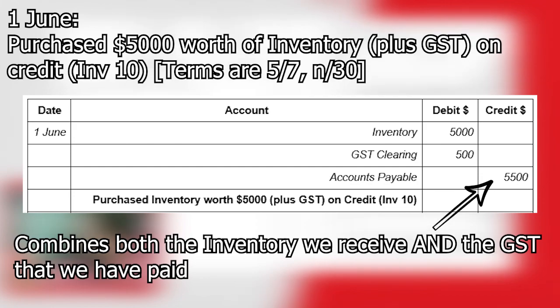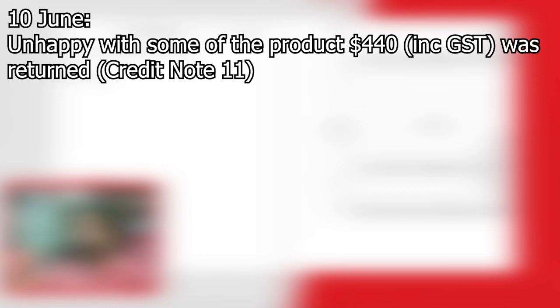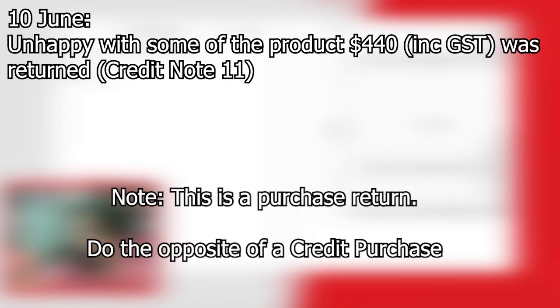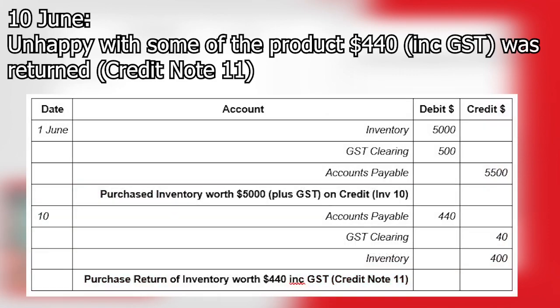If we have a look at the 10th, we can see that it's a reverse of the purchase of inventory. In this case, accounts payable is a debit because we owe less. GST is a credit because we owe more, because we're being refunded. They're giving us back GST.